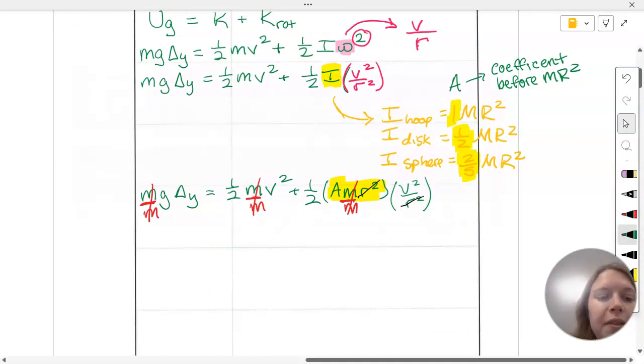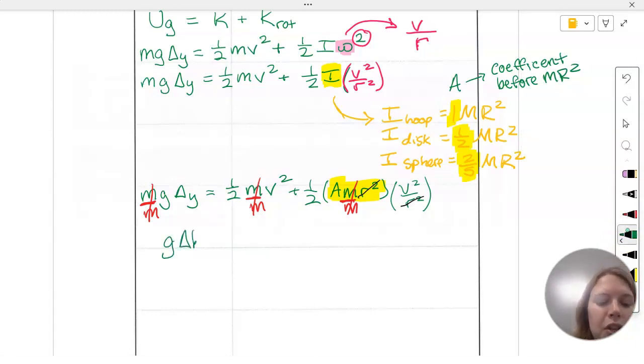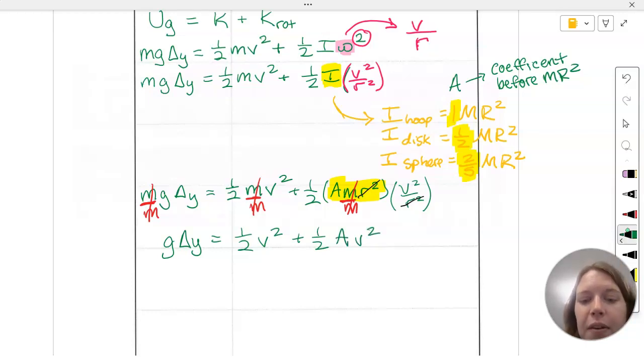So what do we have left? So we have g times the height, or the change in height that this rolling object experienced, equals 1/2 v squared plus 1/2 times A times v squared.